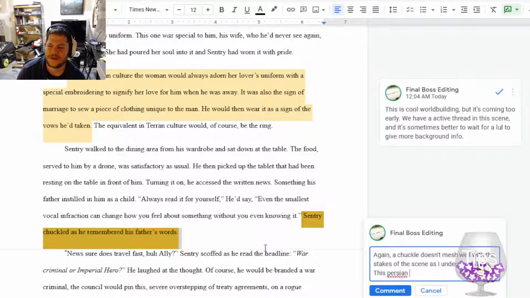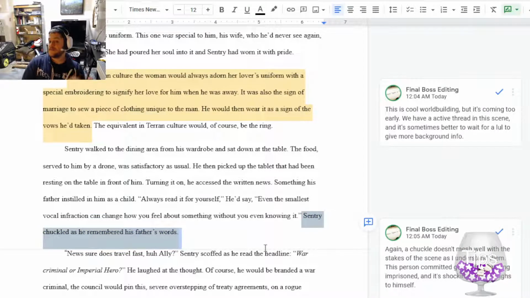This person committed genocide, is getting imprisoned, and it's shocking that he laughs to himself. This makes him sound insane.